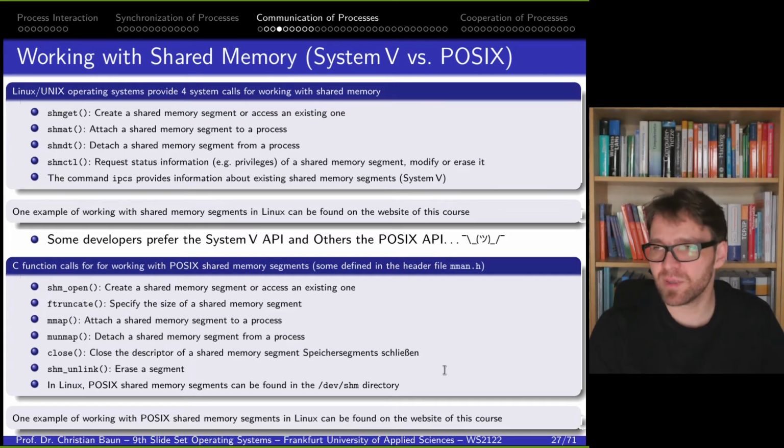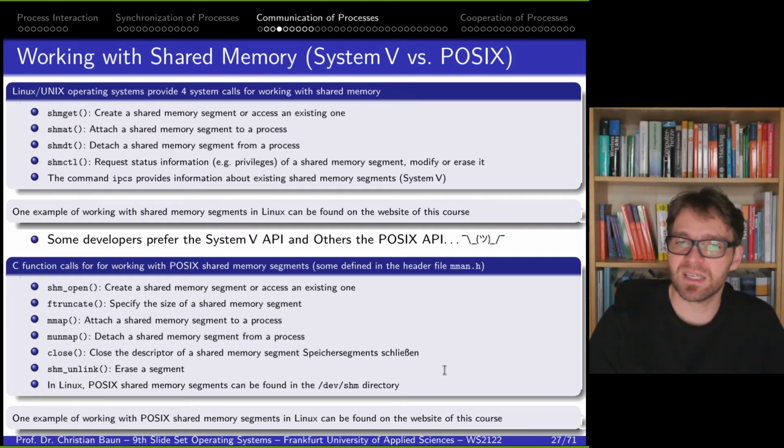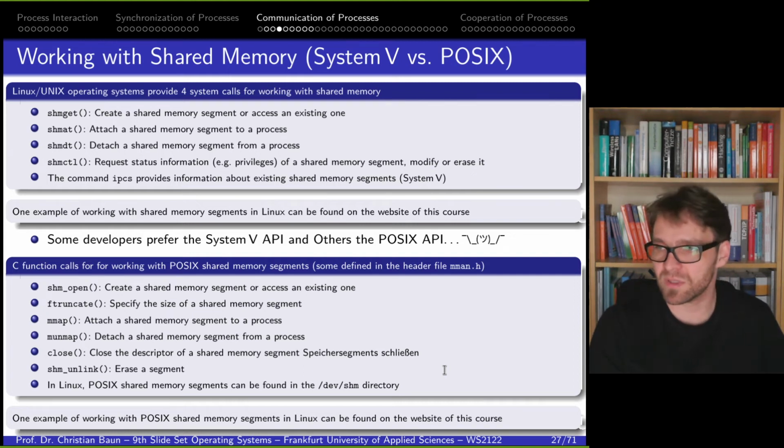System V and POSIX are both APIs implemented by the kernel and the operating system itself, and don't ask me which is better. System V is definitely older. Some people call it a little bit ugly. POSIX is younger and it's considered a little bit more modern. It has some more features and it's a bit more portable. It's a lot more portable.